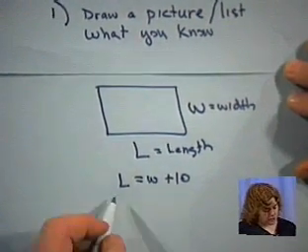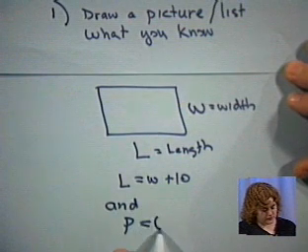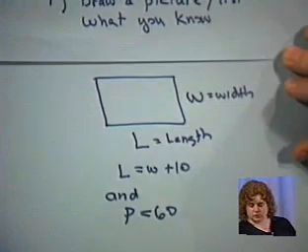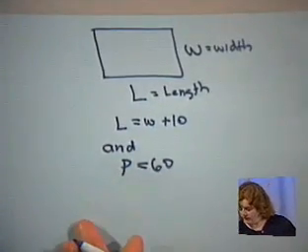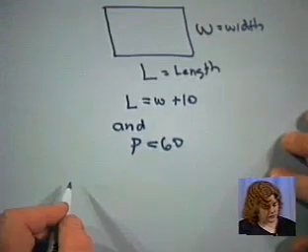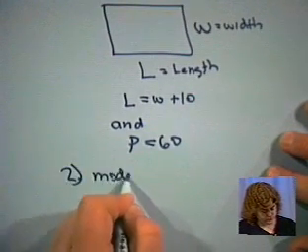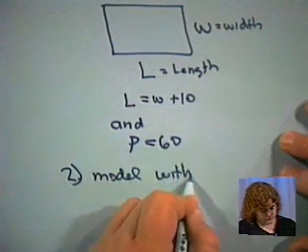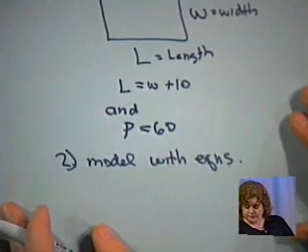And we also know that the perimeter is 60 meters. That's the information we were given. Our next task, then, is to model this situation with equations. And we're really almost there.